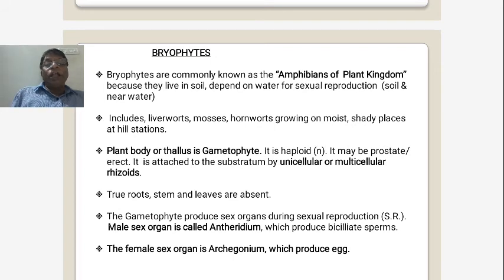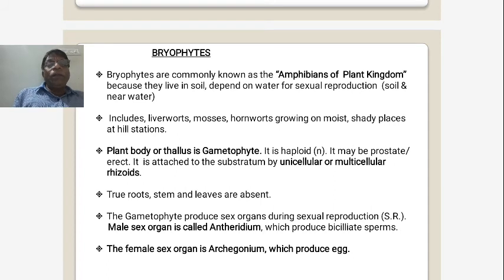The plant body or the thallus or the gametophyte is attached to the substratum. Substratum means mainly the soil. With the help of rhizoids. A very important, notable point.